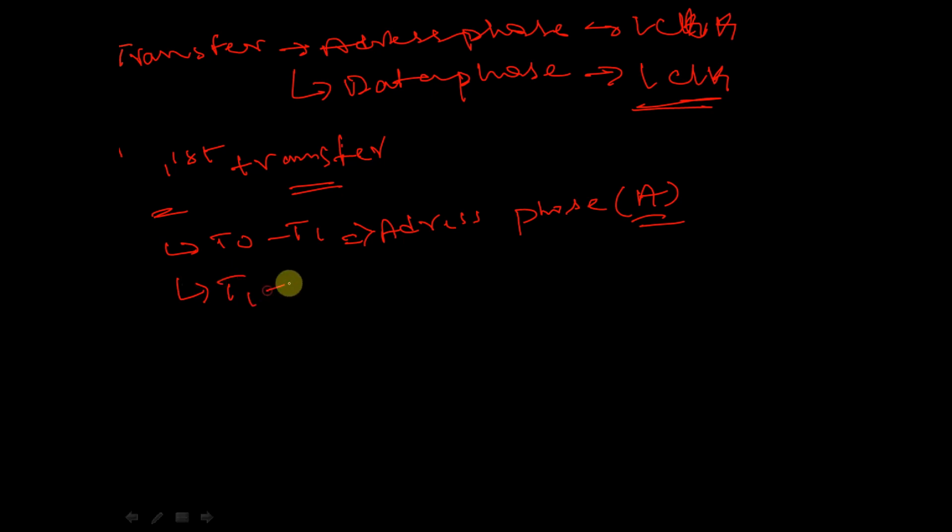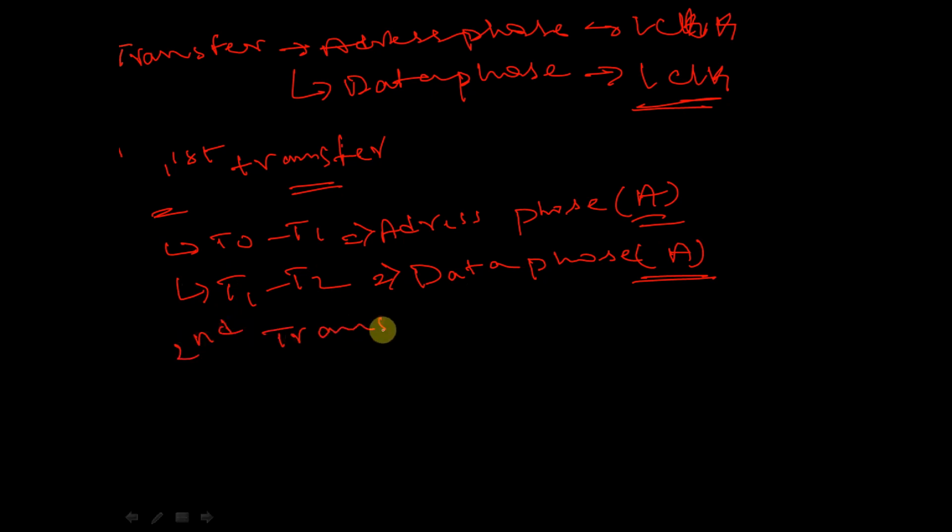T1 to T2 is the data phase for address A, and the second transfer starts at the T1 to T2 clock cycle only.